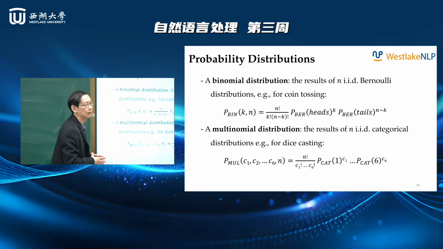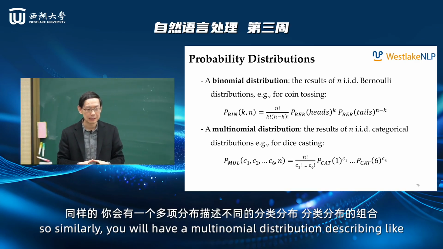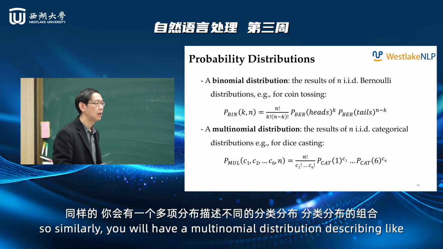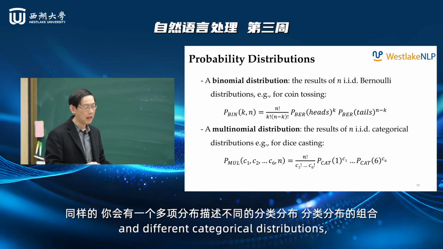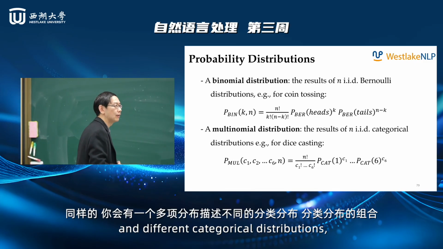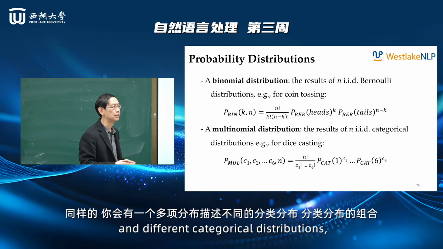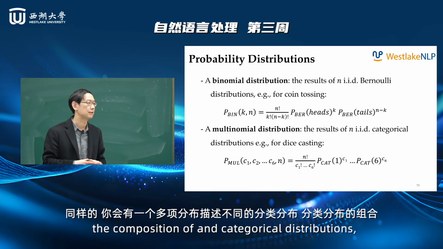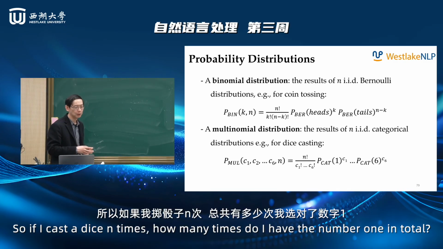Similarly, you will have a multinomial distribution describing the composition of n categorical distributions. So if I cast a dice n times, how many times will I have the number 1 in total?